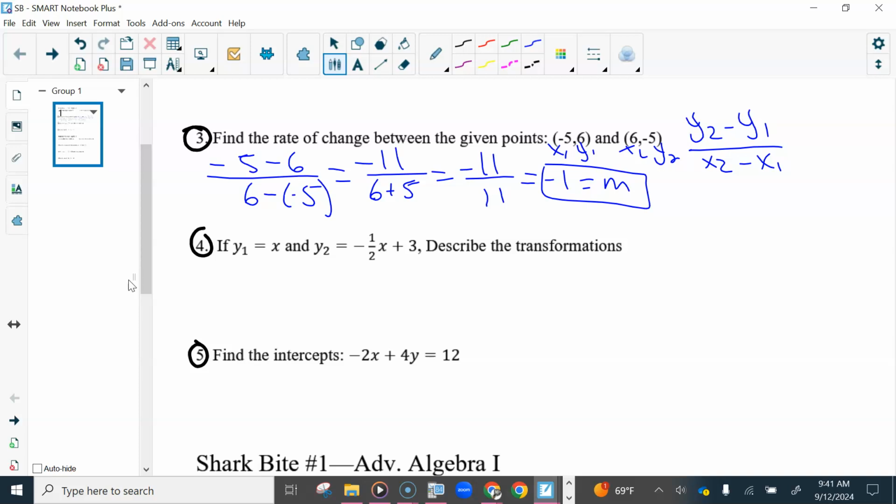Number 4, if y1 equals x and y2 equals -1/2 x plus 3, describe the transformations. There are 3. What transformations did we come up with? Go ahead, Sam. The y-intercept shifted up 3. What else, Laura? The slope is negative, but what is that word we describe it with?